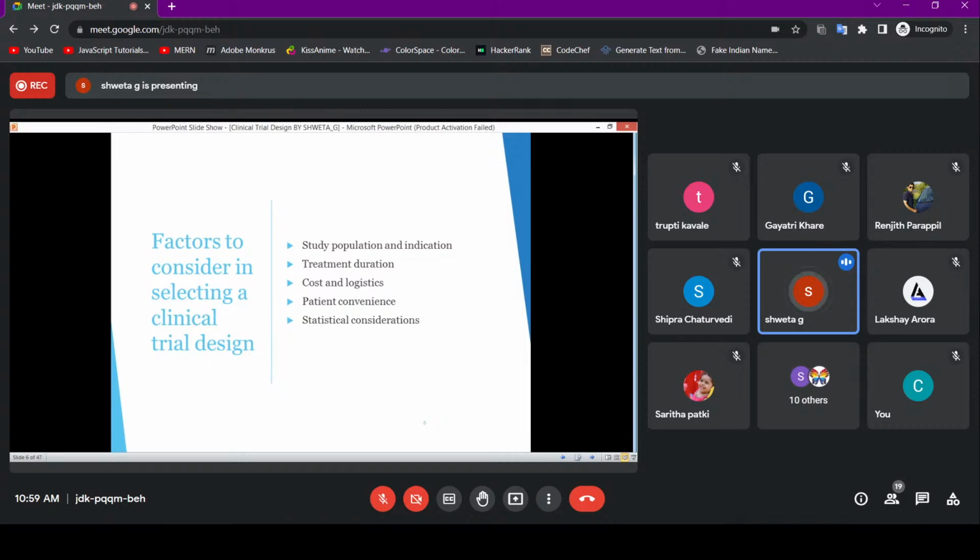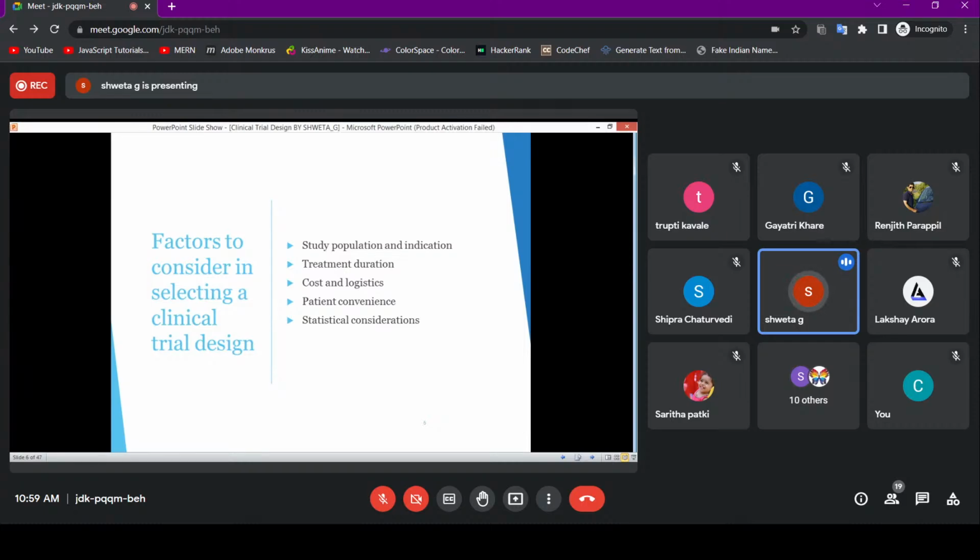If the patient is old, he's not willing to come very often, so you can extend or reduce the visits. If you have a visit every 2 months, you can change it to every 3 or 4 months. So you need to check patient convenience also. It's not just about your research and getting data; you need to check the convenience of the patients too.